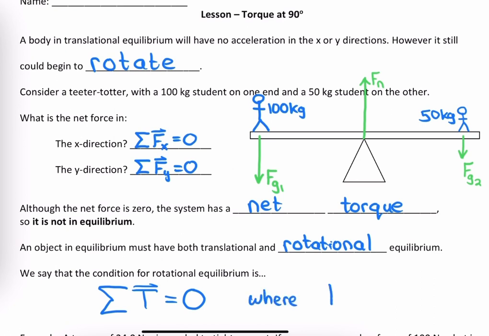So a torque, which is a vector, is a force times a distance, and they need to be perpendicular to each other. So this T is for torque.